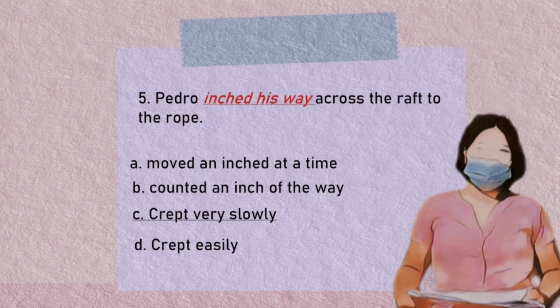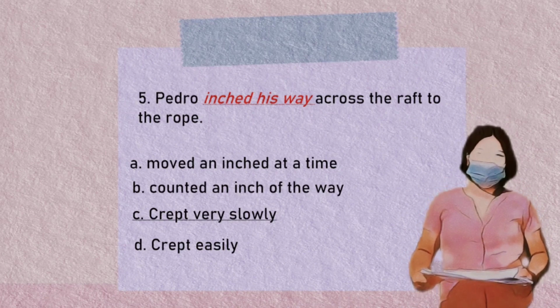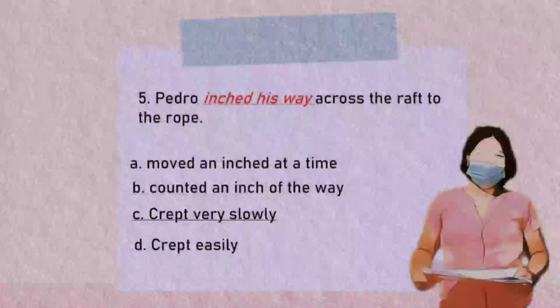Number 5. Pedro inched his way across the raft to the roof. A. Moved an inch at a time. B. Counted an inch of the way. C. Crept very slowly. Or D. Crept easily.